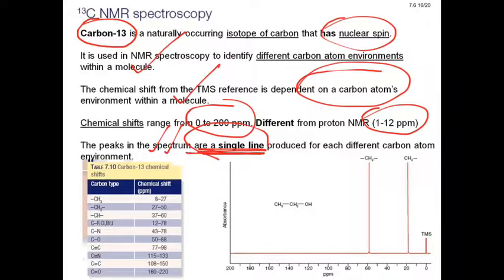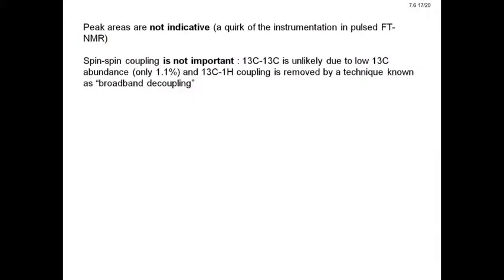Also, the peak areas are not indicative. You don't get any indication from the peak heights as to how many carbons might be causing that peak, so it doesn't make any difference. And as I said, the spin-spin coupling is not important. It doesn't work that way, so you don't look at high-res carbon-13 NMR.